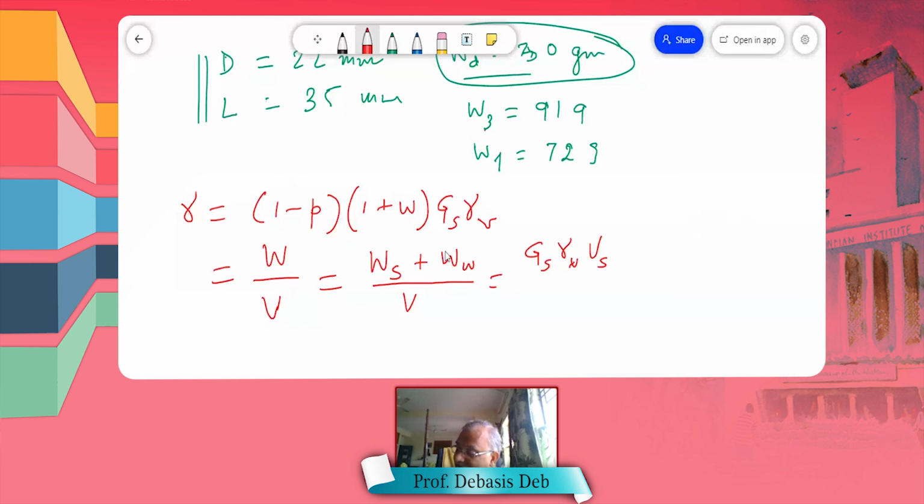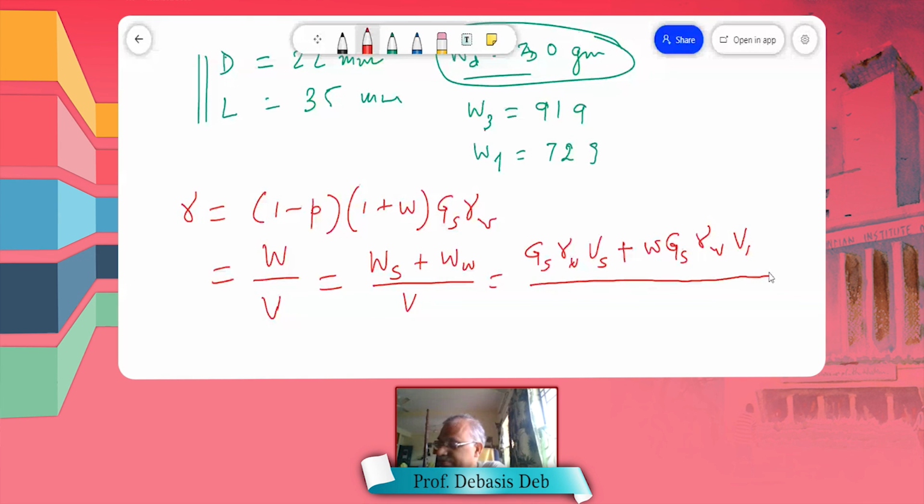And for the weight of the water, if you go back to the relationship I gave you, there is a direct relationship between these two. The ratio is nothing but small w. So I can write the same thing but with a small w. It is basically GS gamma W into VS. It is the same thing.